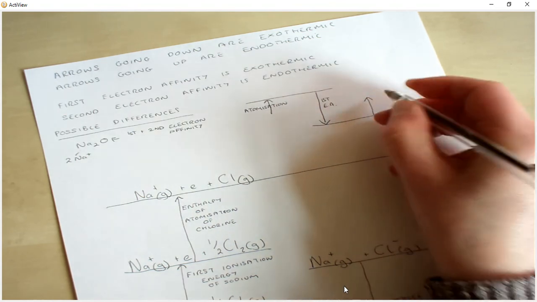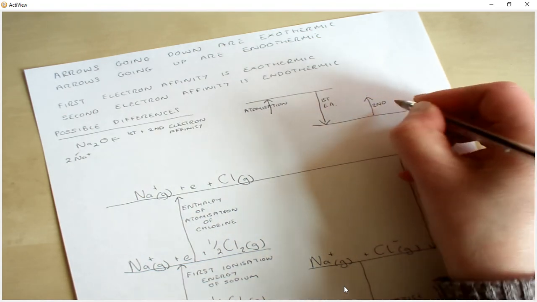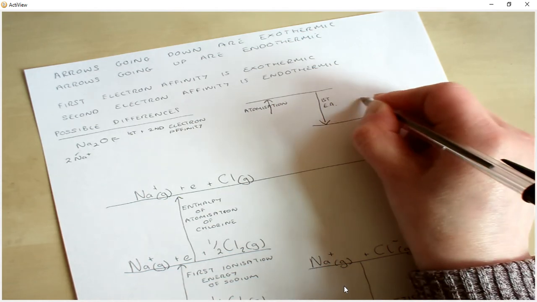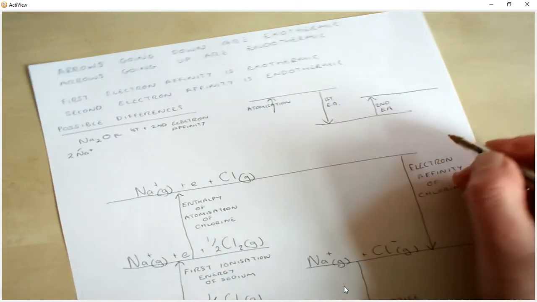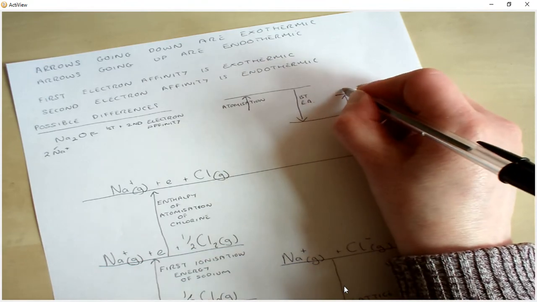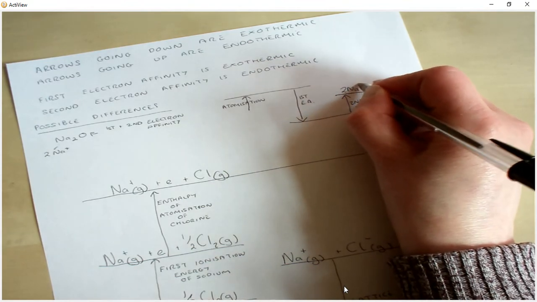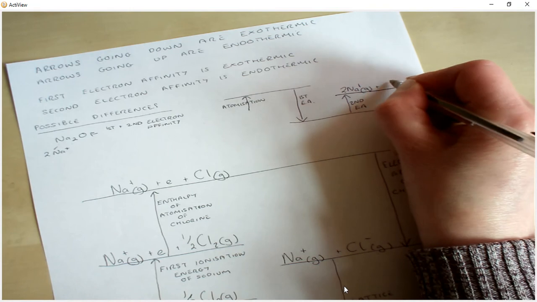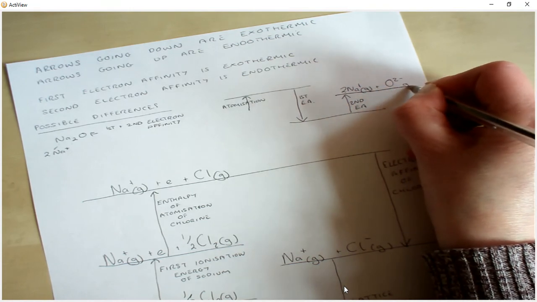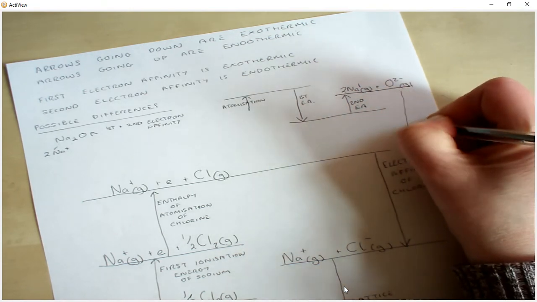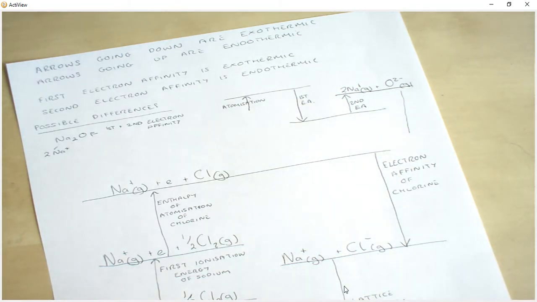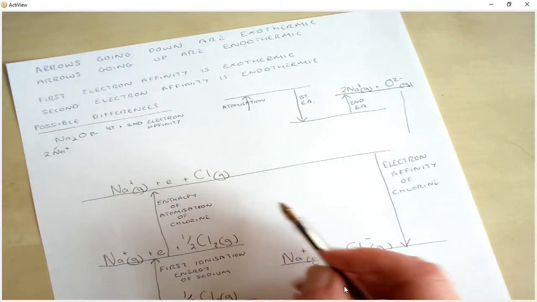So you have a second one there. And then this would be my gaseous ions. So in this case, it would be 2Na+ as a gas plus O2- as a gas. And then that would go down all the way to the bottom to the sodium oxide.